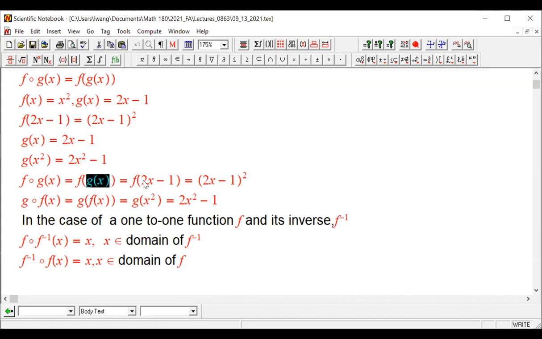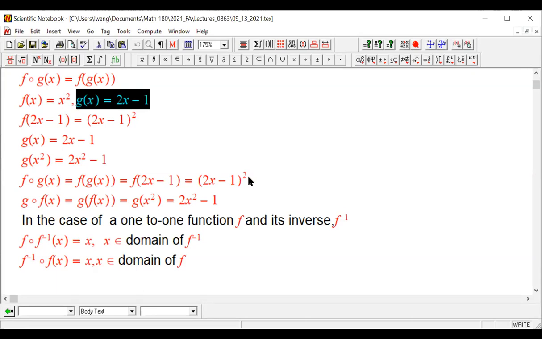Because g of x is 2x minus 1. Okay, yeah, that makes sense. Okay, g of x is 2x minus 1.